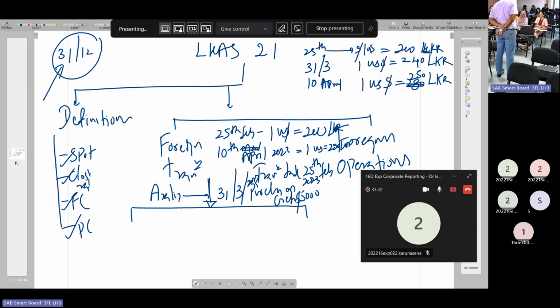Asset increase, asset decrease. How did you write the same transaction in the ledger? Purchase account debit, cash or credit account credit.